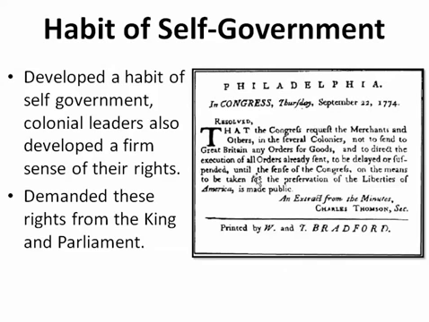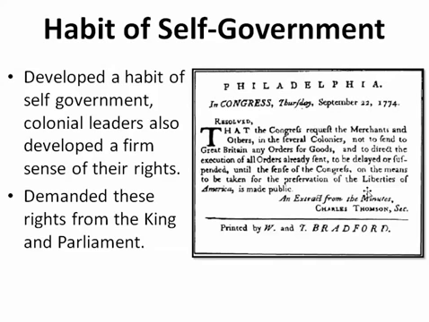And let's look here. Here it is. Until the sense of the Congress on the means to be taken for the preservation of the liberties of America is made public. In other words, preserving the liberties of America. These liberties are rights that the people thought they had.